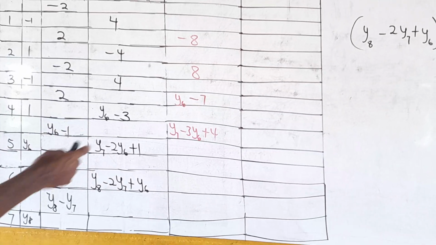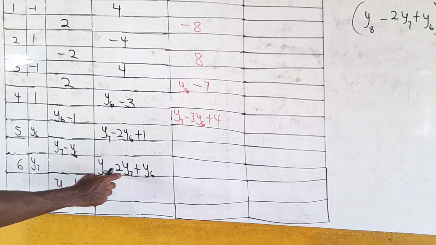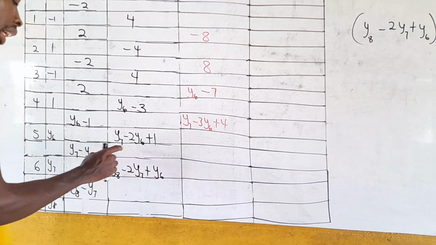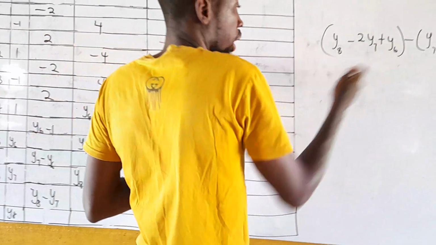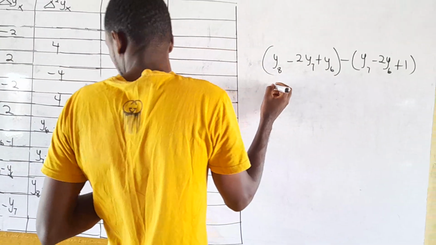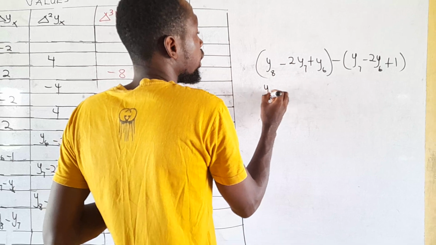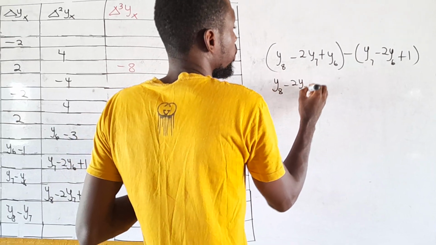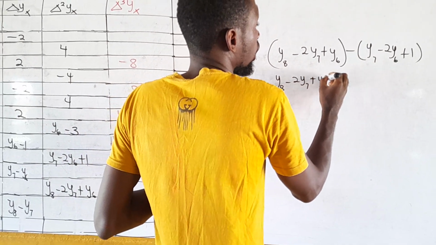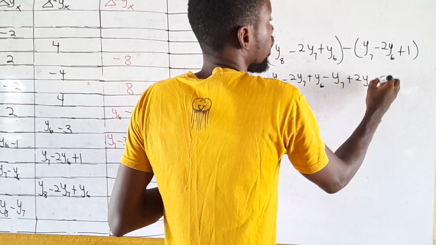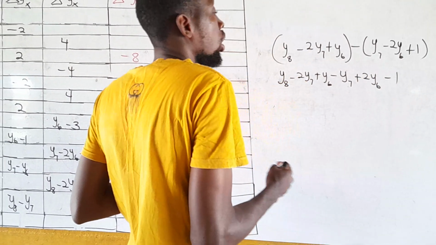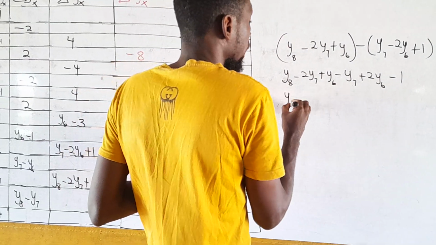So now we'll find the difference here too. That will be y8 minus 2y7 plus y6 then minus y7 minus 2y6 plus 1. So that's it here. We'll expand. We'll get y8 minus 2y7 plus y6 then minus y7 plus 2y6 then minus 1. What do we have? We have y8.